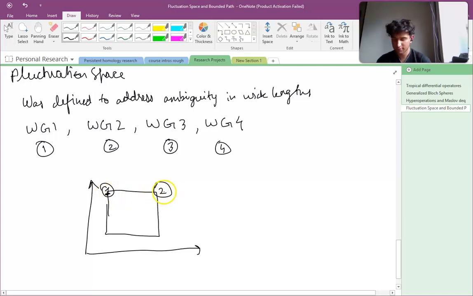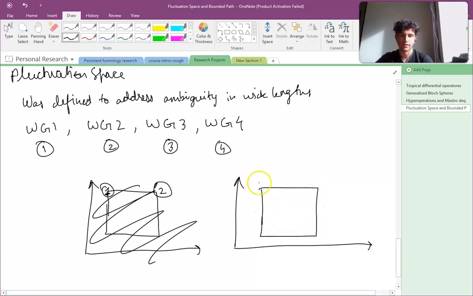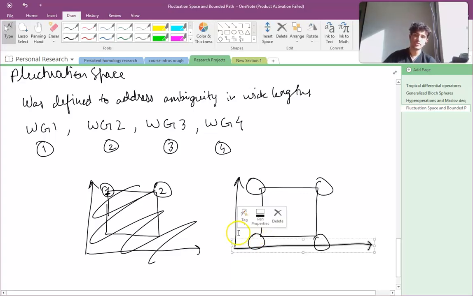Oh no, I'm numbering them wrong. So let's just scratch that because it's laggy when I try to erase. This one, this one, this one, and this one, they all represent points, and we want to talk about how close they are to each other, right? How something is almost 1 or almost 2. We want to be able to assign that sort of idea or notion to each of our stock points.